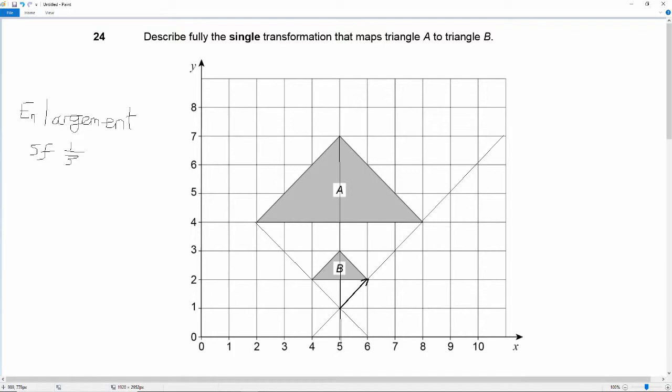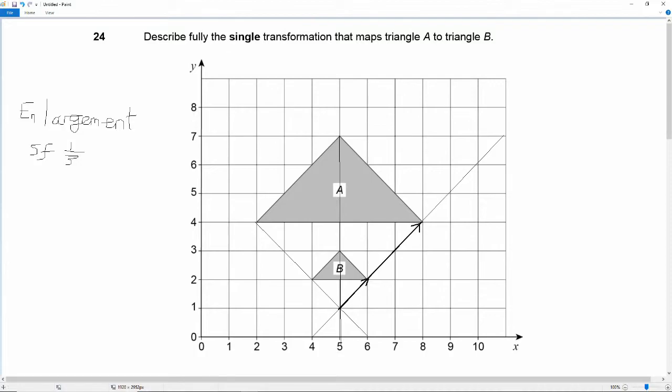And then your other vector is here. So the vector for B is 1/3 of the vector for A. It's been shrunk by a scale factor. And we could do the same for the other lines, but you already know what's happening here.